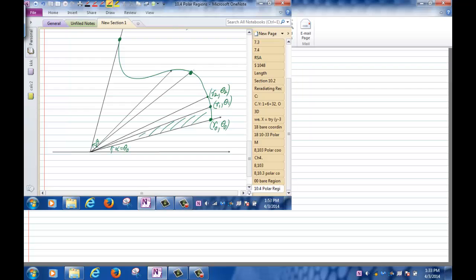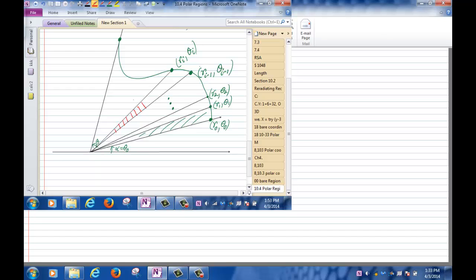So the ith subinterval will give me this segment, let's say. This point here will correspond to theta equals theta I minus 1. So this point would be Ri minus 1, theta I minus 1. Here I have dot dot dot because I have all the other subintervals. And this point here, let's say, is Ri comma theta I. So this segment, the segment in red, corresponds to the ith subinterval, right?